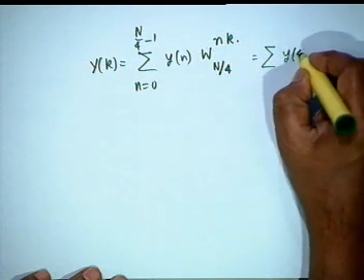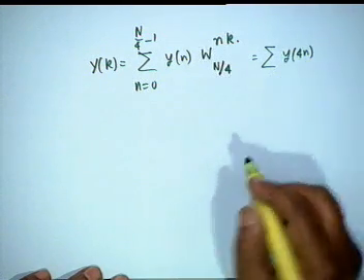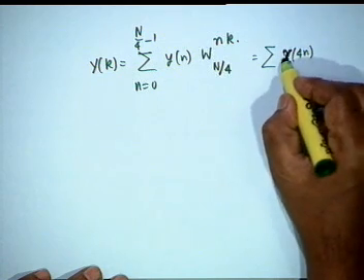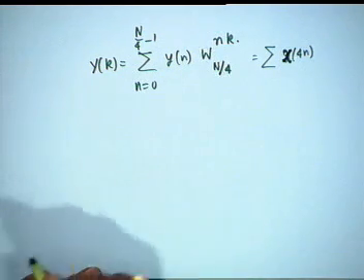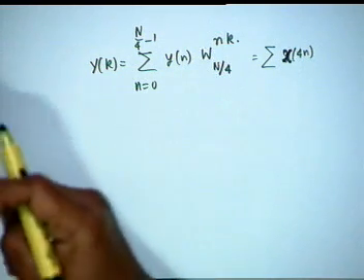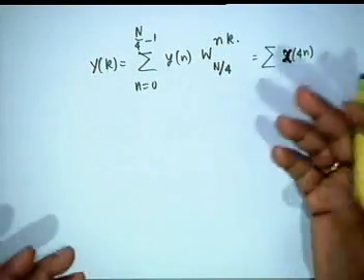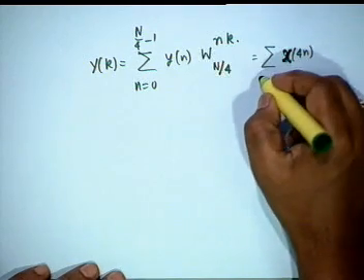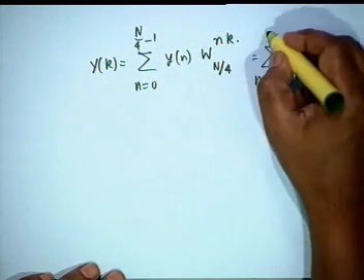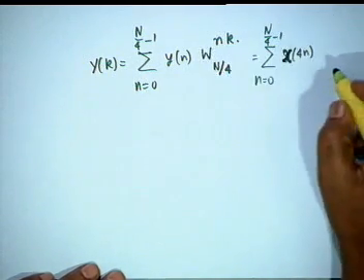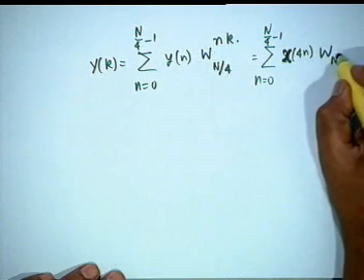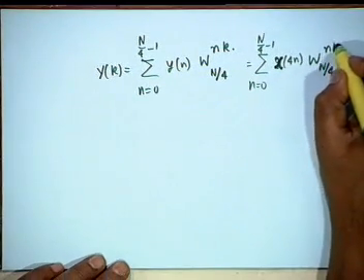Now we do not have to restrict n. Now y of n is x of 4n. Unlike the upsampler where there was a division, there is no problem here. n is an integer, 4n is also an integer. Okay. So n equal to 0 to N by 4 minus 1, W N by 4 raised to the power nk.